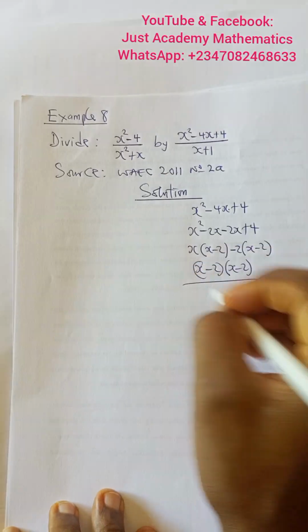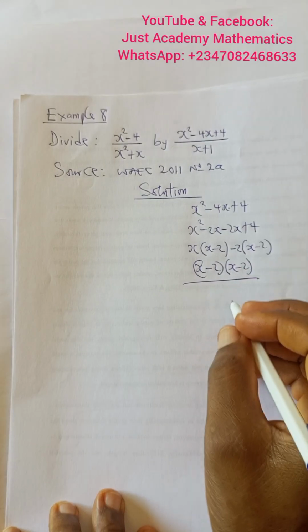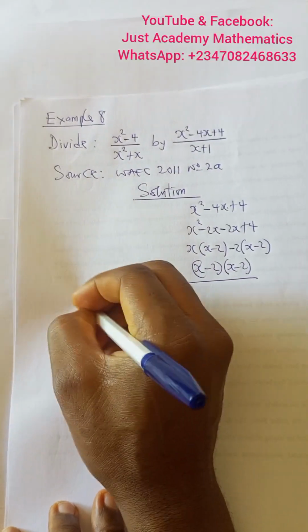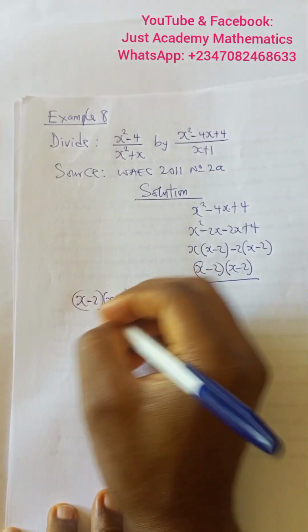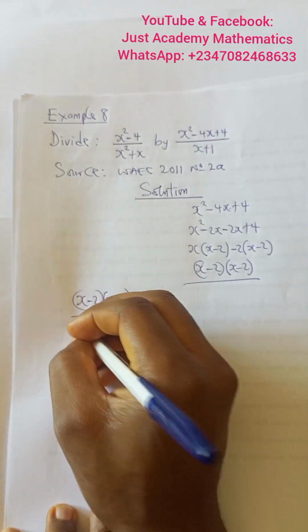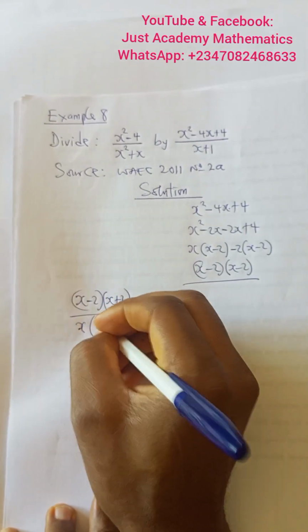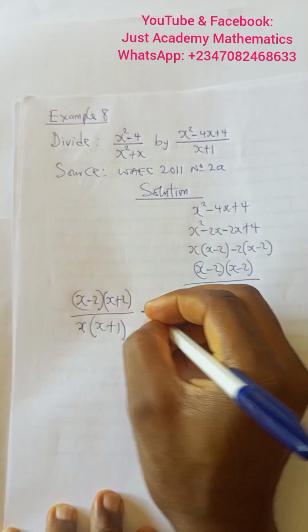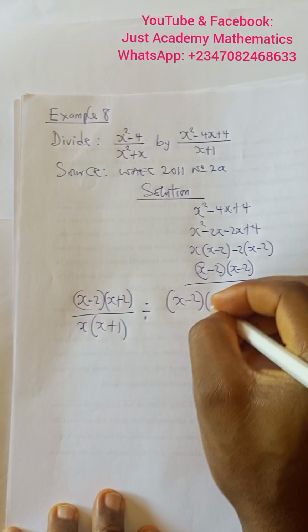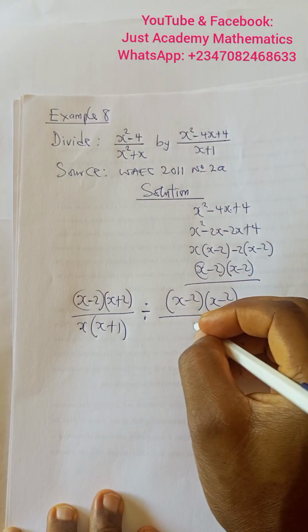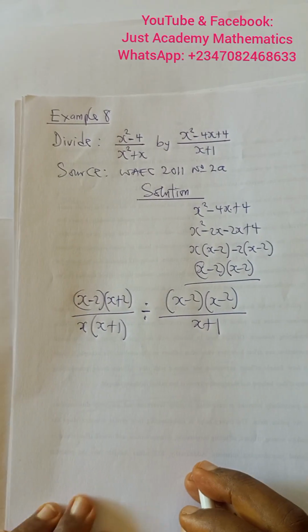So if you apply here now, I was only using it to show you. We are now saying that for this x squared minus 4, that is difference of 2 squares, x minus 2, x plus 2 over x is outside, what will remain there? x plus 1 divided by, we now know that this is x minus 2 times x minus 2 over x plus 1. Can you see that now?